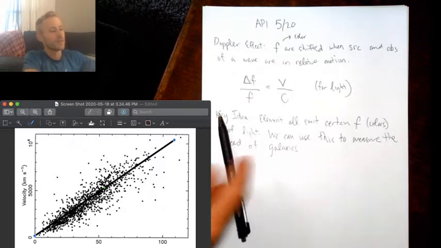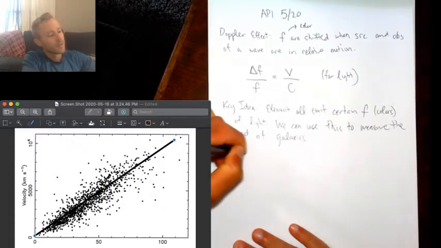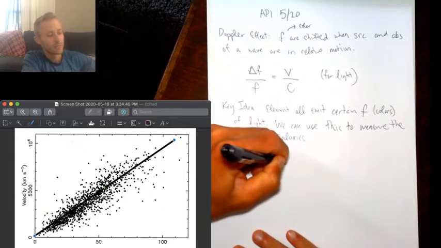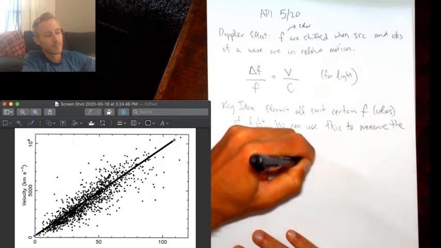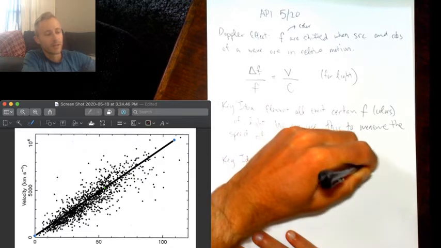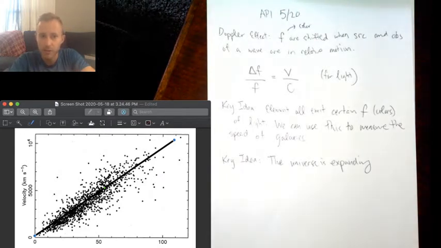And so this leads us to another key idea, that the universe is expanding. The space-time fabric of the universe itself is expanding. That's what this graph says. But now, why does it say that? Why would this graph suggest that the universe is expanding?